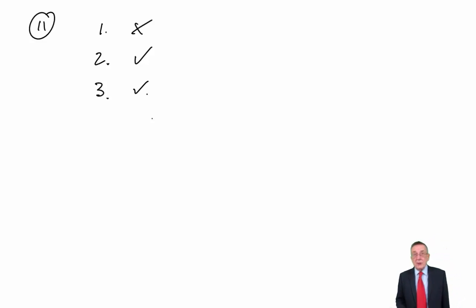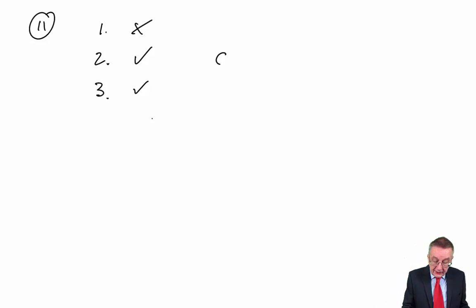Yes, it's called a secondary market. I own securities in a business. I sell them to you. That's the secondary market. So it's 2 and 3. The answer is C.